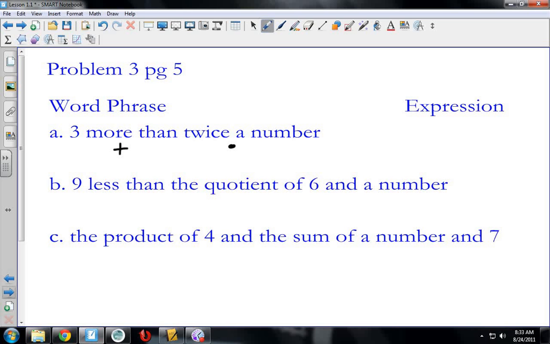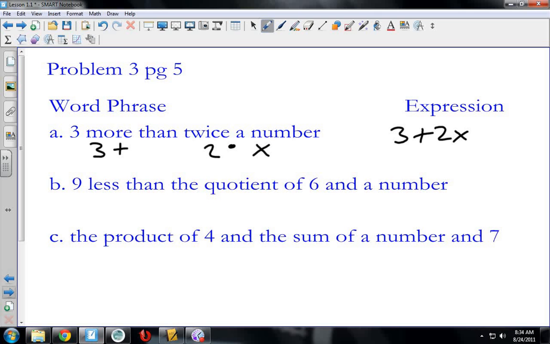So we're going to drop down the 3, so we have 3 plus, and then for a number we have x. And then what are we multiplying x by, though? 2, because twice means 2. So it's going to be twice the number, and when I write that all nice, it's going to be 3 plus 2x, like that.